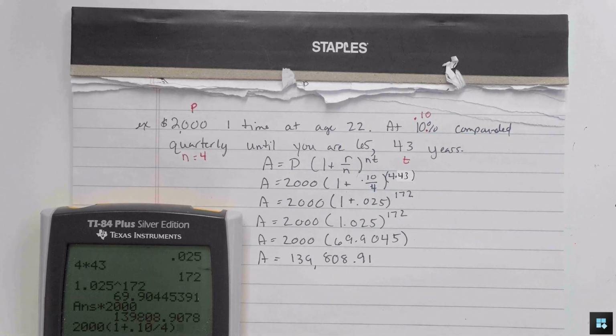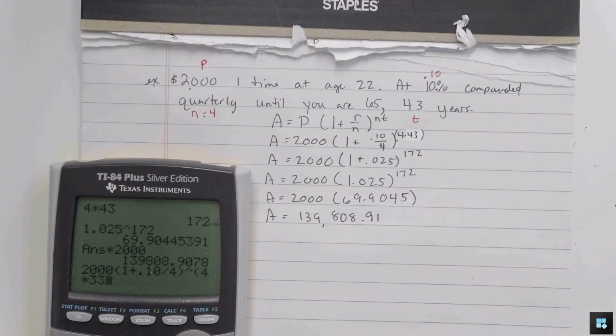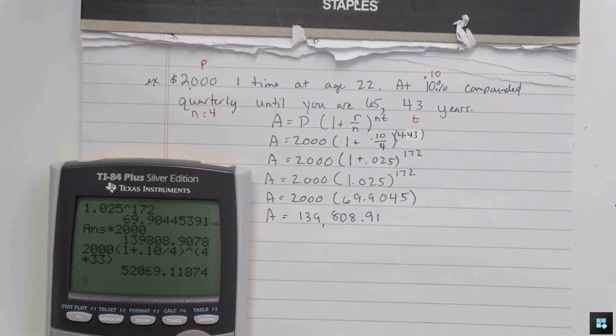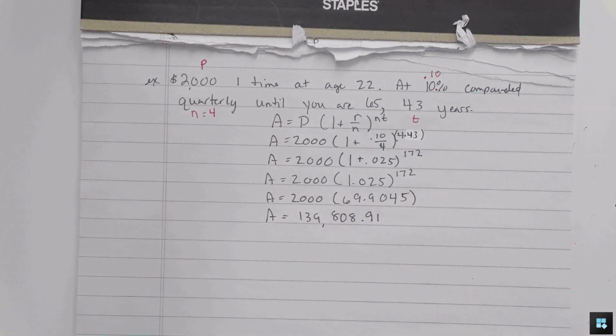So that would be 4 times 33 in my exponent. Look at the difference there. 10 years difference makes it down to $52,000 instead of $139,000. So when you're young, it's a good time to invest. But who knows what living below your means is? What does living below your means indicate?